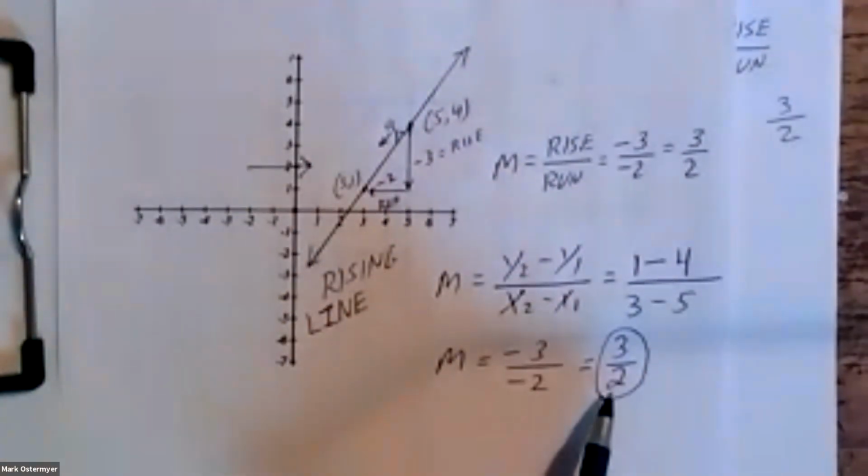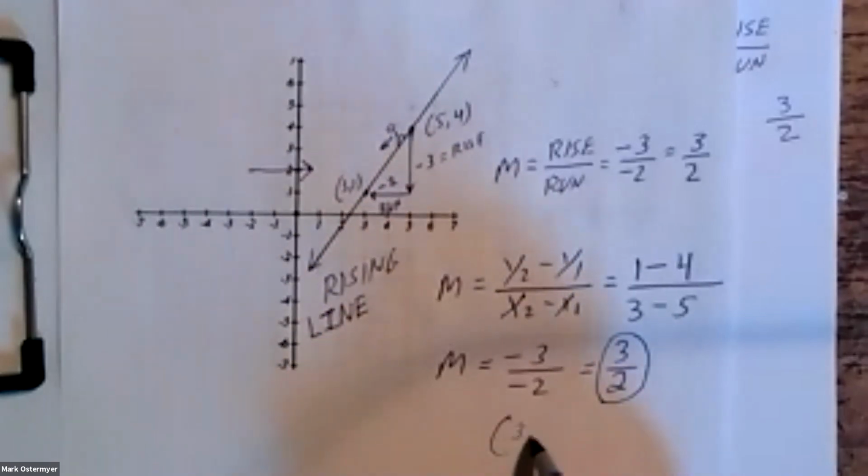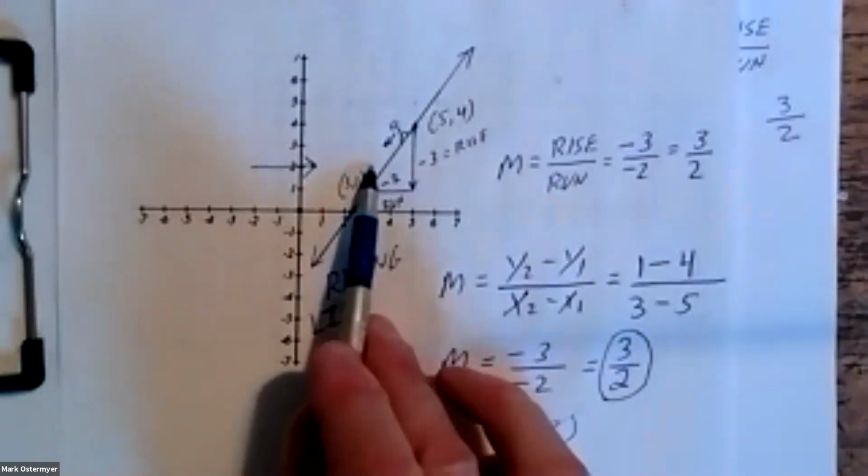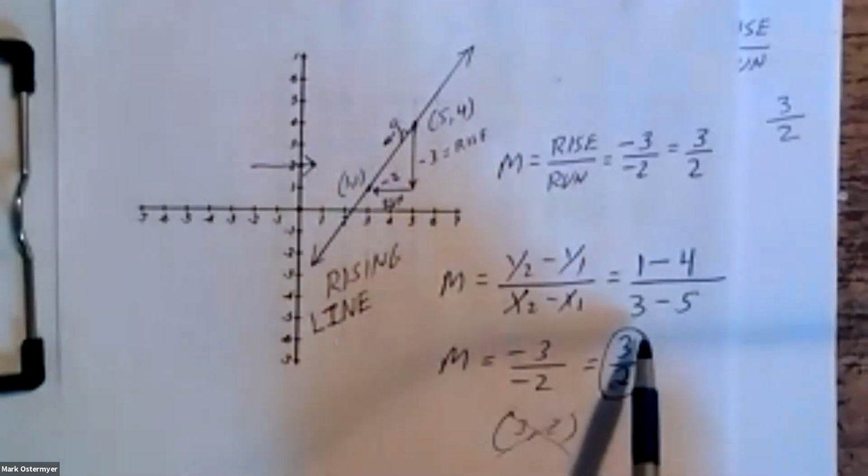Okay. All right, I don't want you to confuse slope with ordered pairs, ladies and gentlemen. Some students say the slope is the ordered pair 3, 2. That is entirely wrong. The slope has nothing to do with ordered pairs per se. It's not a point on the line. You don't see the point (3, 2) on this line, because slope is not a point.